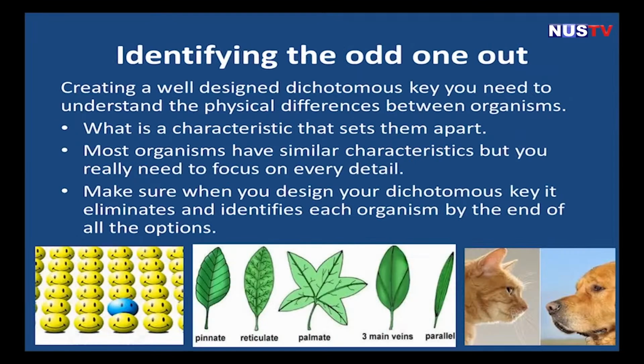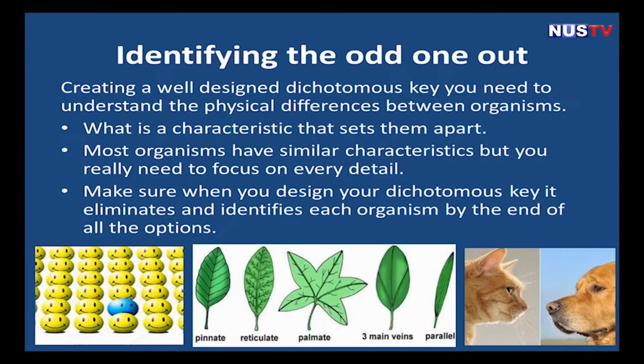So identifying the odd one out. When you are designing a dichotomous key, you always need to understand the physical differences. So what do you see that is different? How would you differentiate one organism from the other? Most organisms have similar characteristics, but you really need to focus on every single detail.